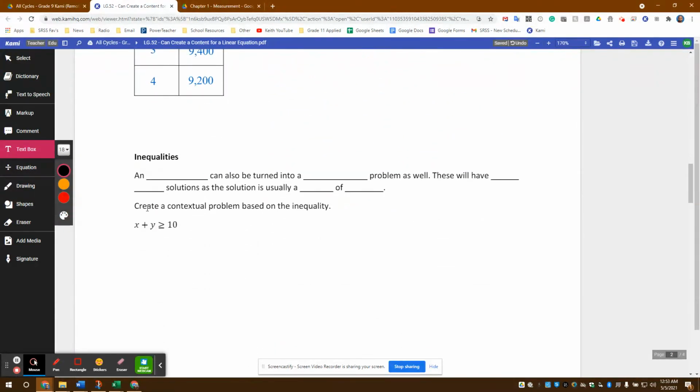Now, the last thing that we're going to put in there is some inequalities. I'm going to join this in. It's going to be a part of it as well. An inequality can also be turned into a contextual problem. These are going to have even more solutions.